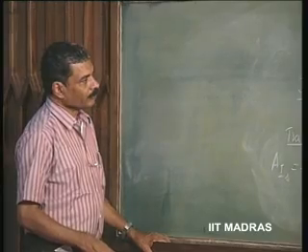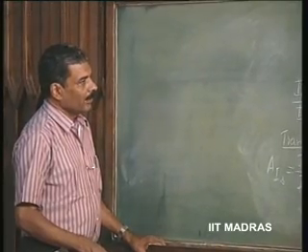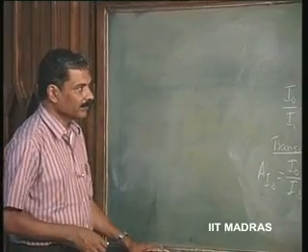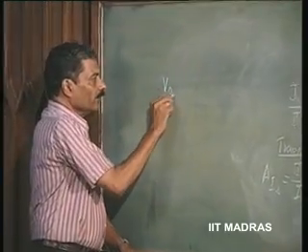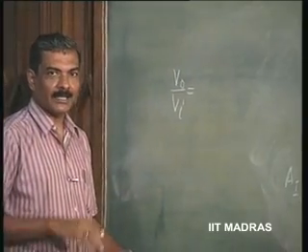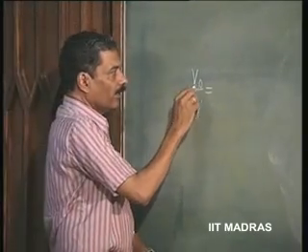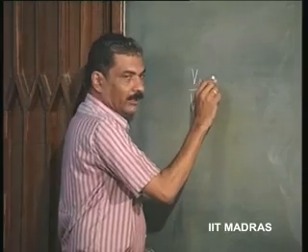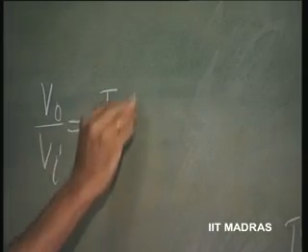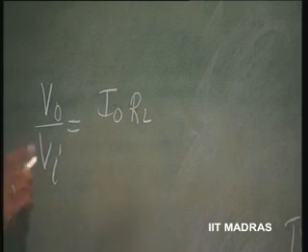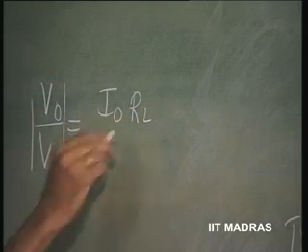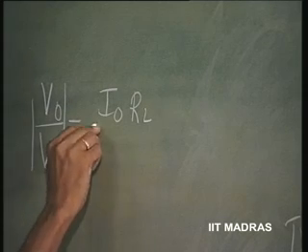Now, I want to prove an important theorem in cascading. What is it? V naught over Vi, I would like to represent in terms of current gain. So, V naught is nothing but I naught into RL, always, considering the magnitude, it is negative actually.